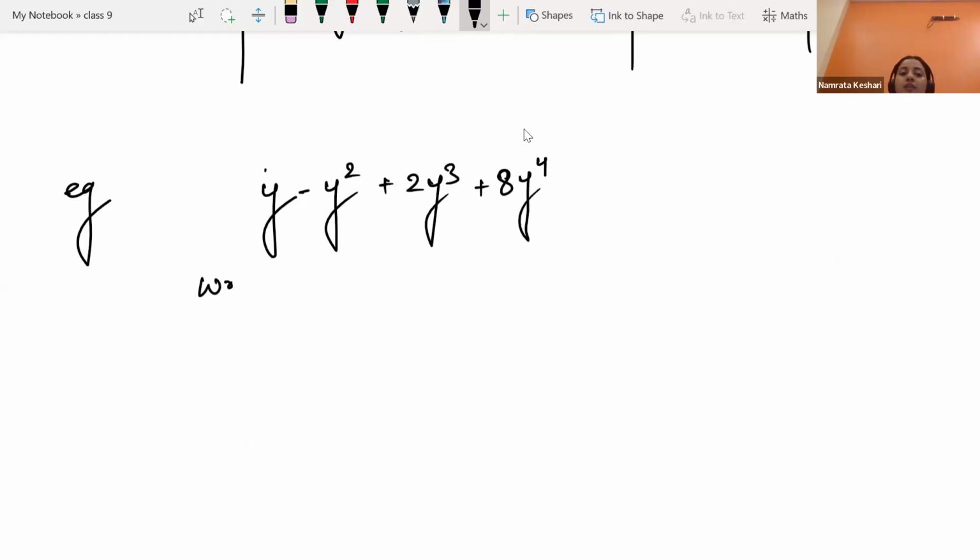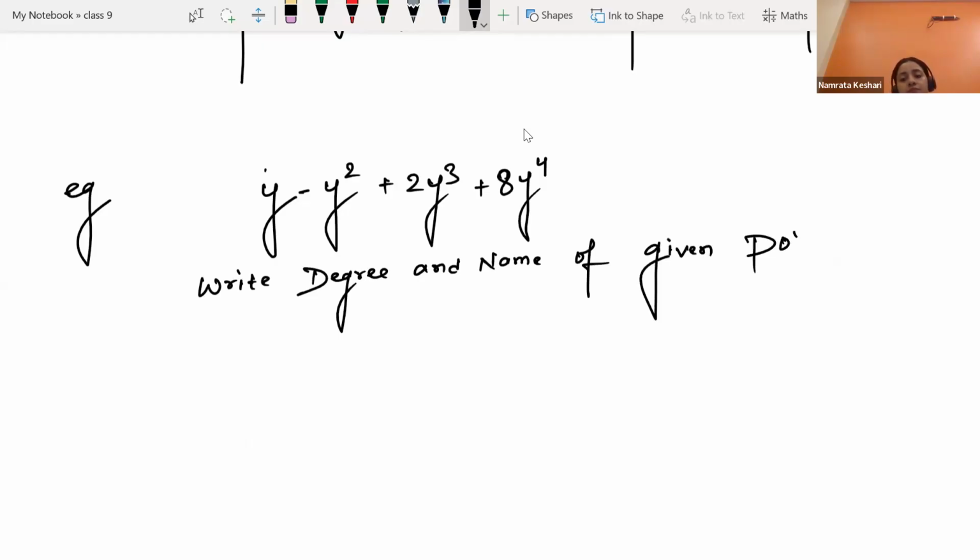Write the degree and the name of the given polynomial. Please tell me. The degree is 4 and the name is quartic polynomial.